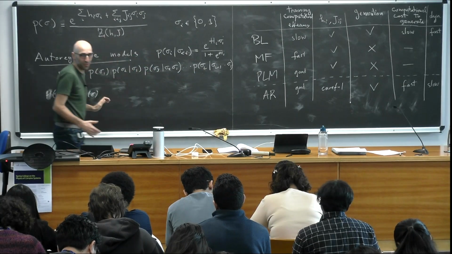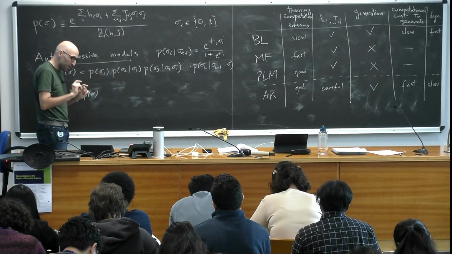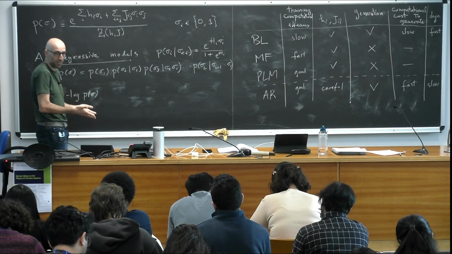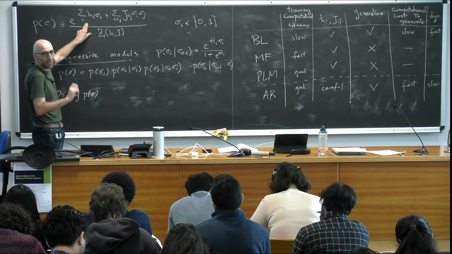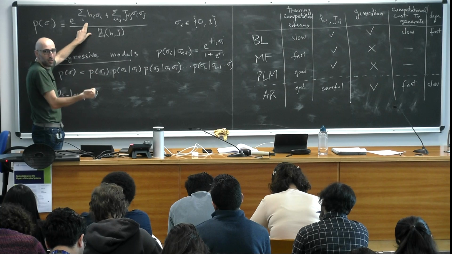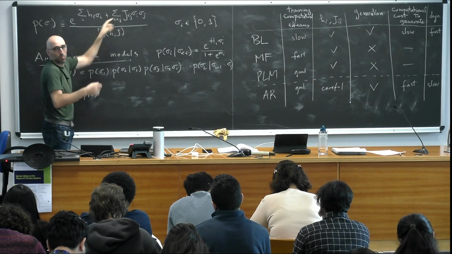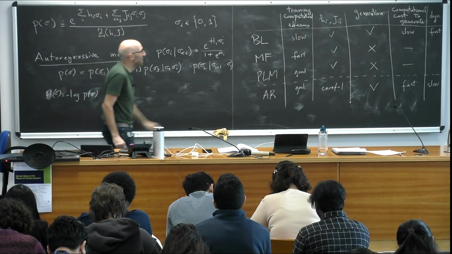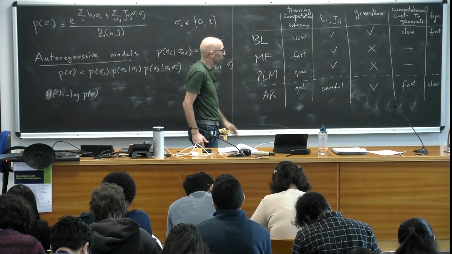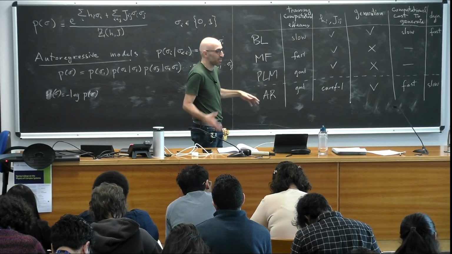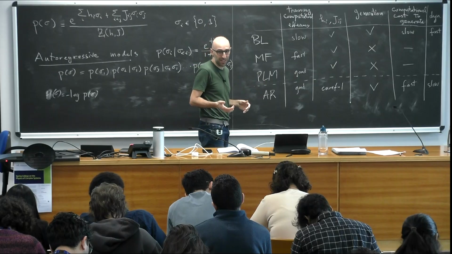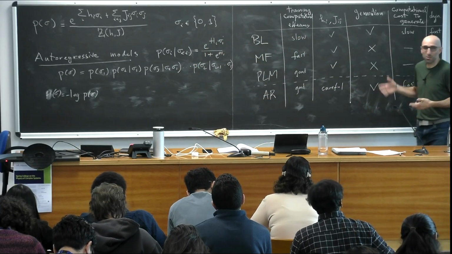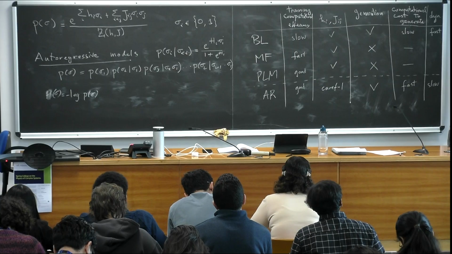So it takes a lot of time. If you want to do one mutation of your configuration with this, it's very slow. While with this, if you want to do Monte Carlo and you do a single spin flip, you just have to compute the energy change and do Metropolis, and it's very fast. So really, depending on what you want to do, each of these architectures has advantages and disadvantages. These are complementary approaches, and you can choose your favorite one. Okay?